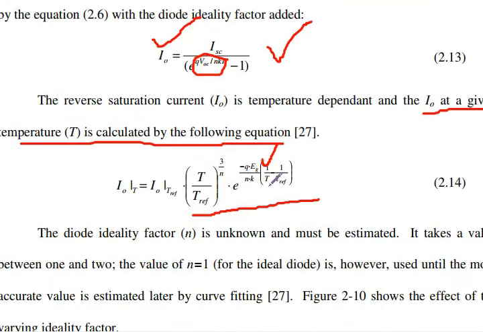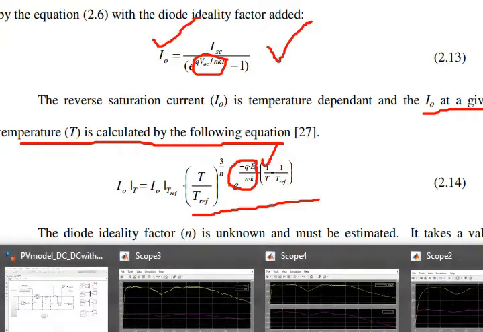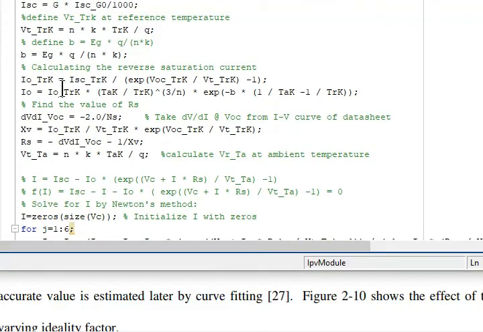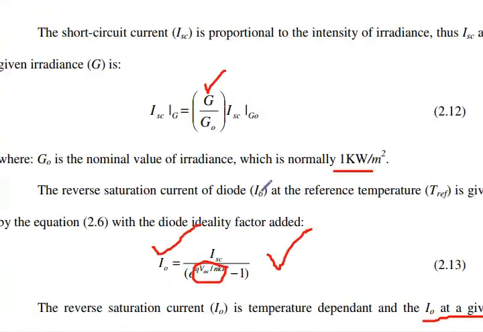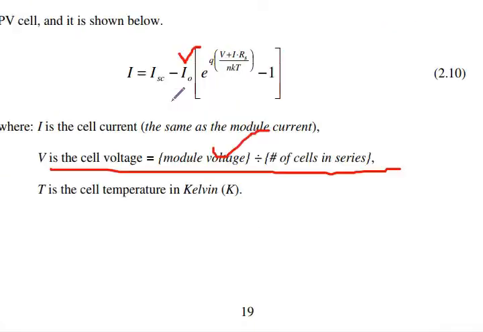It is the same thing as we have discussed here: (T over T reference) raised to the power 3 over n, e to the power of this B term with 1 over T minus 1 over T reference. This is calculated here.